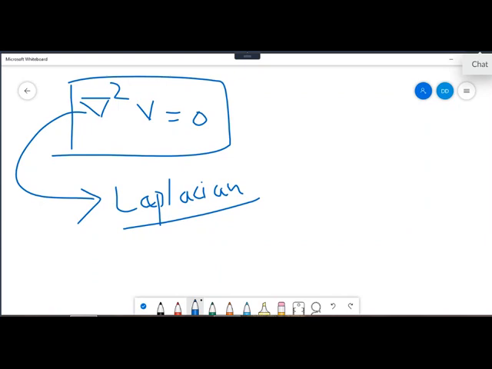So you should know what this is, because V will be given to you like 20x square plus something, or 200r into sine theta something. So if V is given like that, then you should know how to find del square of that, right? To solve numericals.